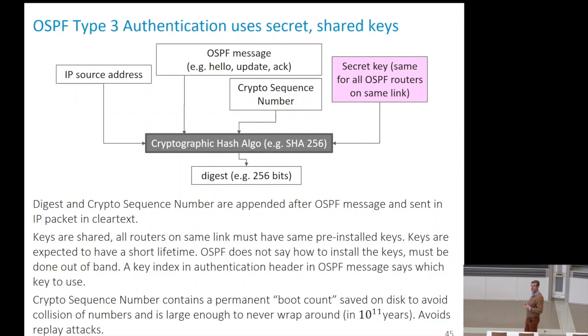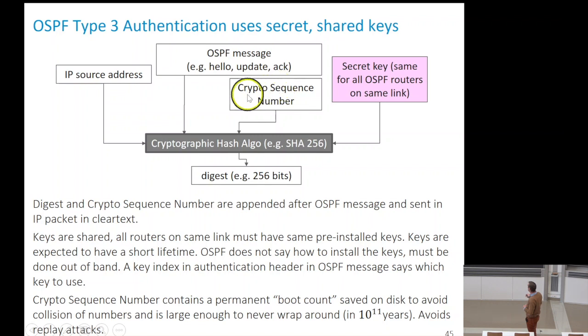So if you're a router and you receive such a message, you can verify, by taking the message and the numbers that are sent in the clear, whether it comes from somebody that has the secret key. So if you want to attack an OSPF network, you need to have access to those secret keys.